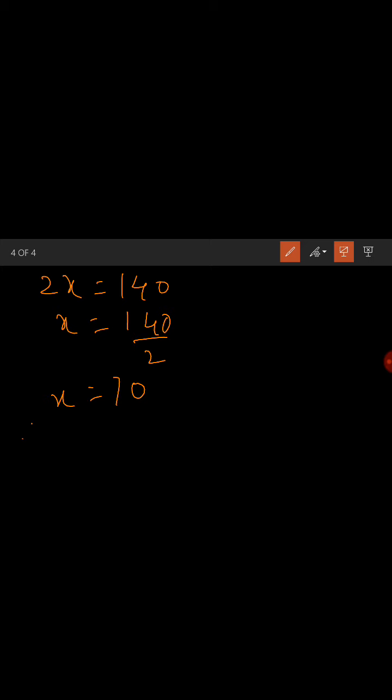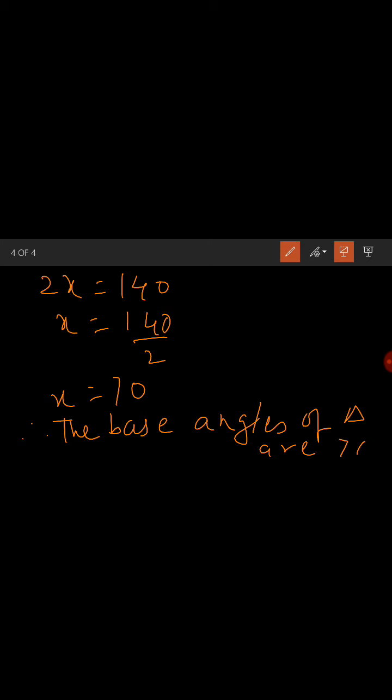So write in the last step: the base angles of the triangle, I am just writing in short form, are 70 degrees. So the base angles of the triangle are 70 degrees. Students, write this down in your notebook.